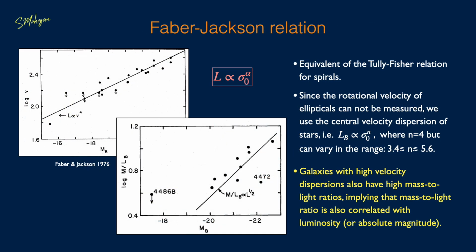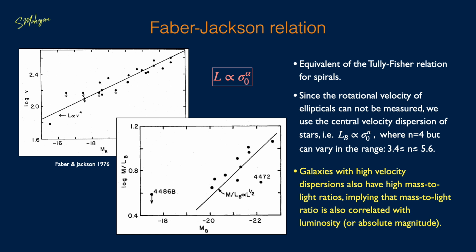Sandra Faber and Roger Jackson found a relation analogous to the Tully-Fisher relation for the elliptical galaxies. They discovered that the velocity dispersion in the center of elliptical galaxies scales with their luminosity. In other words, more luminous galaxies have higher velocity dispersion of stars and vice versa.